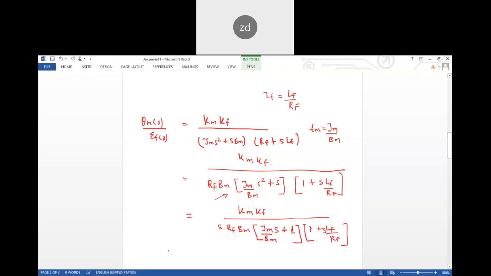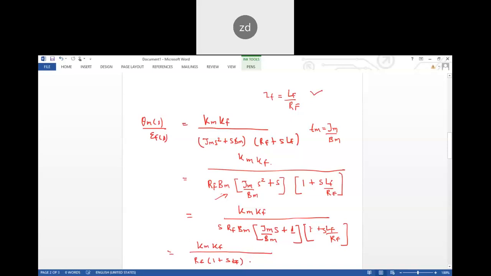So this can be written in the form of Km Kf would be equal to Rf. I'll segregate it. The Rf term I'm writing for 1 plus S Tf, because your Tf term is equal to Lf by Rf.